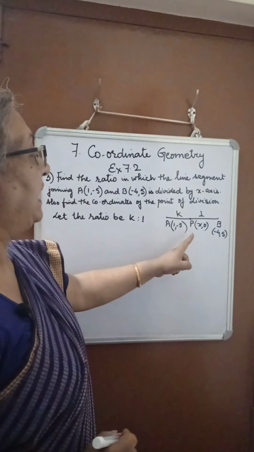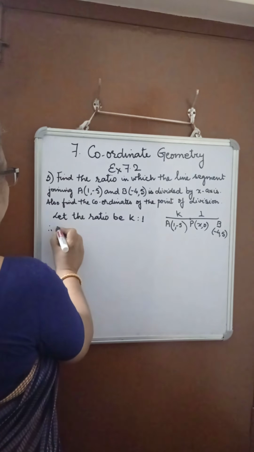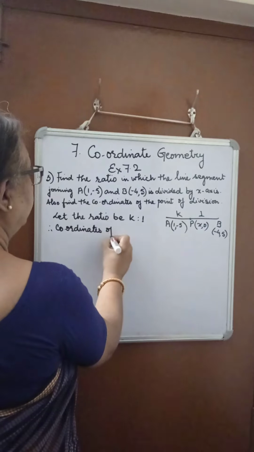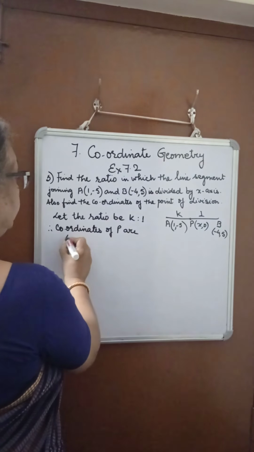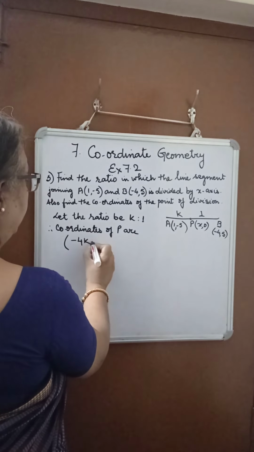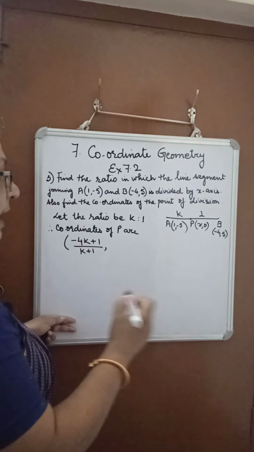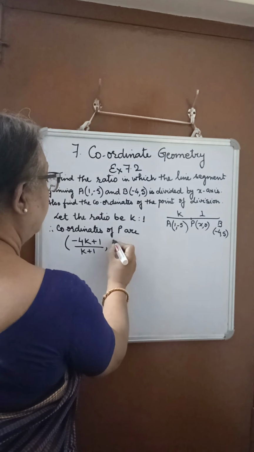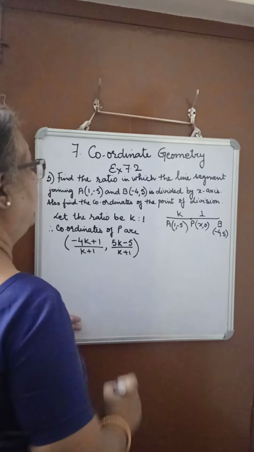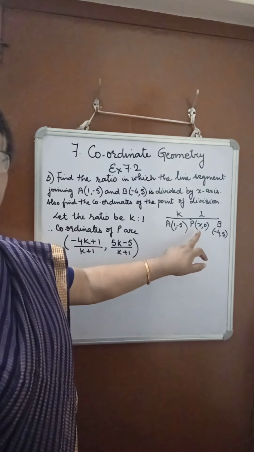Now we can apply the section formula to find the coordinates of P. Therefore, the coordinates of P are, applying the section formula, (-4k + 1) by (k + 1), and the y coordinate is (5k - 5) by (k + 1). By the section formula, these are the x coordinate and y coordinate of the point P.